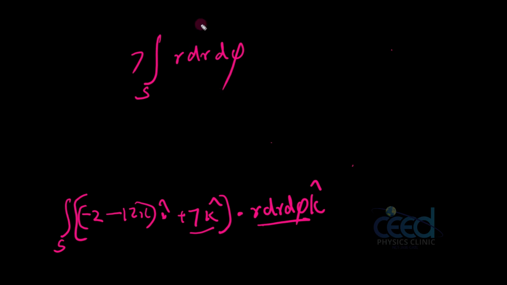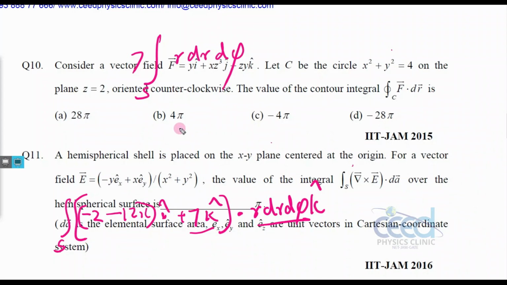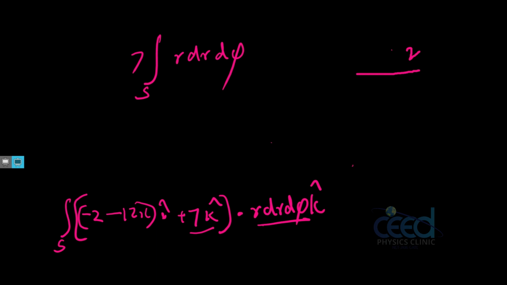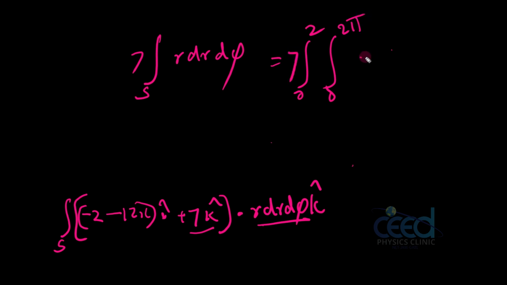In the question it is given that x squared plus y squared is equal to 4, so the radius is equal to 2. So r varies from 0 to 2, and the limit of phi is 0 to 2 pi.